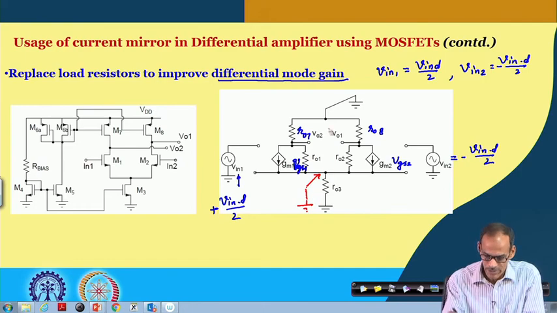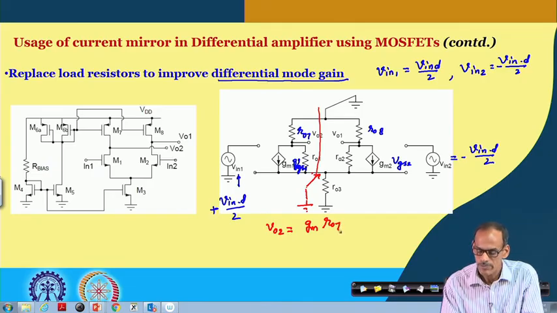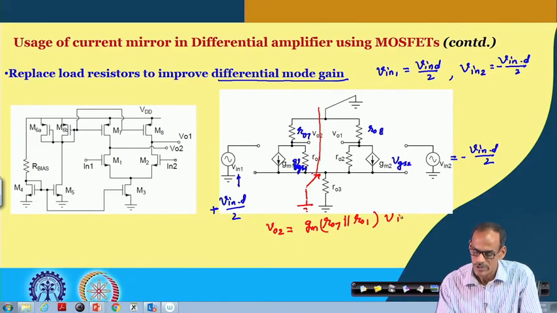So, we can simply then split this part, and then we can find the expression of VO2. Since this is AC ground, this is equal to gm into RO7 in parallel with RO1, multiplied by half of the differential input, and with a minus sign.